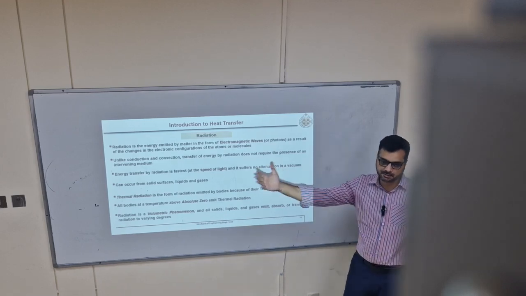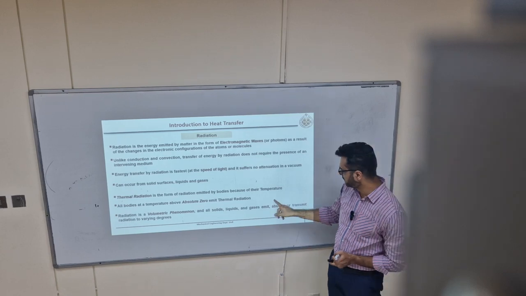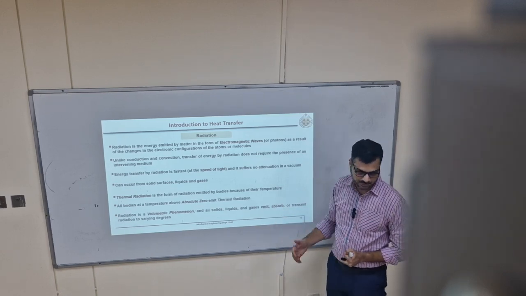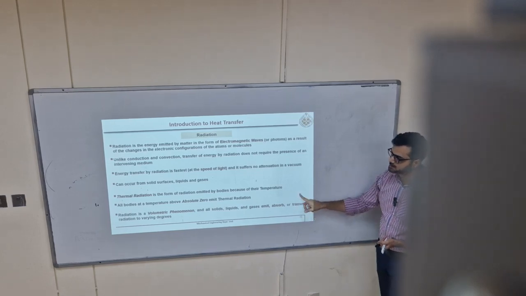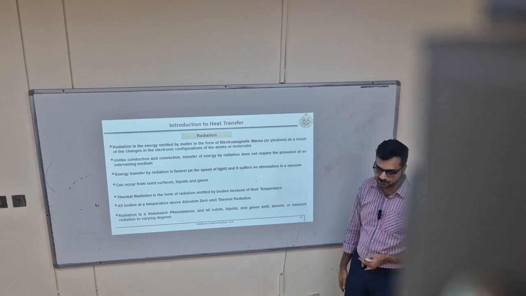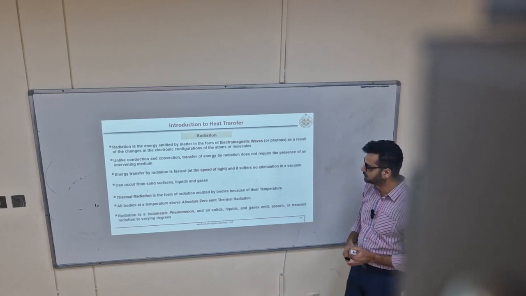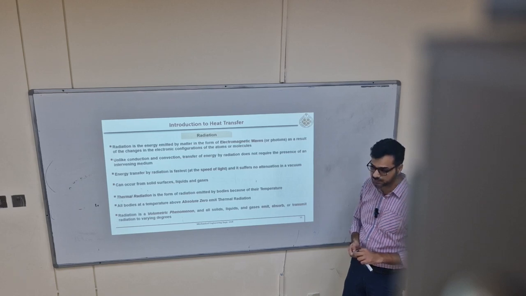Not only do they emit radiation, they are also exposed to radiation. They may be absorbing some of it which is falling on them, and then they may be transmitting, absorbing, or reflecting. There are so many phenomena involved in radiation transfer from one body to another.